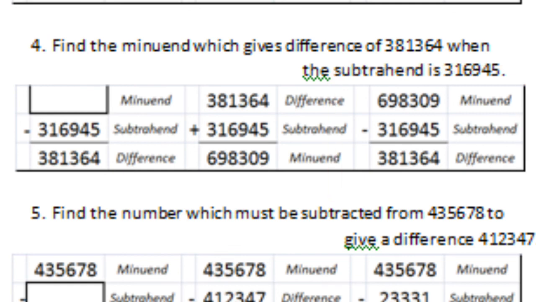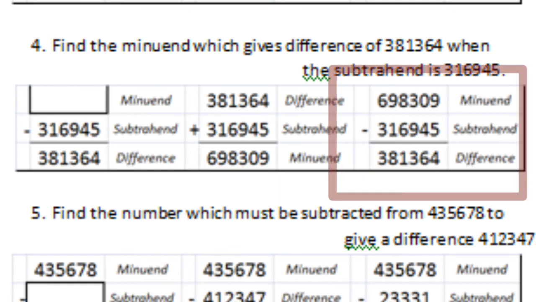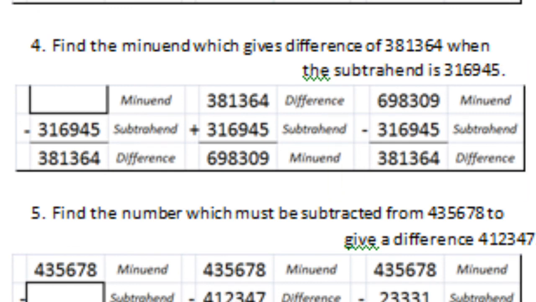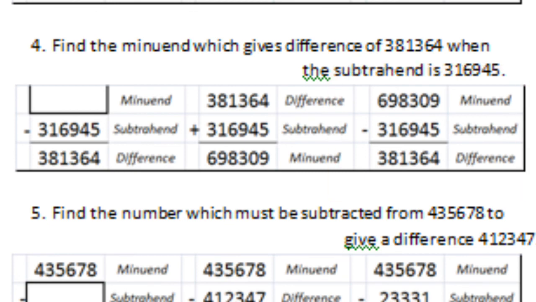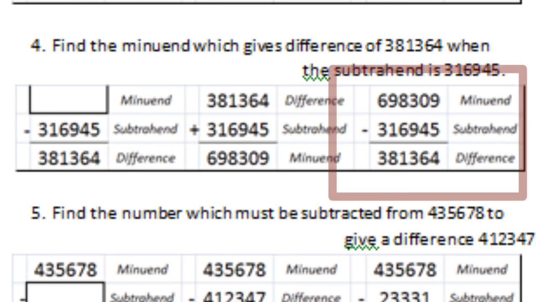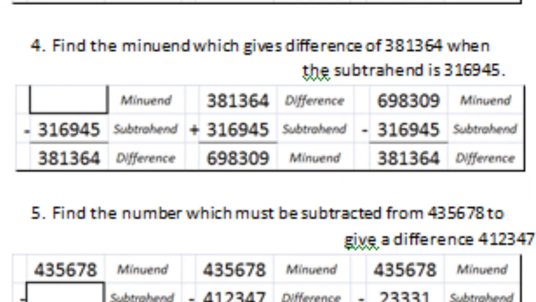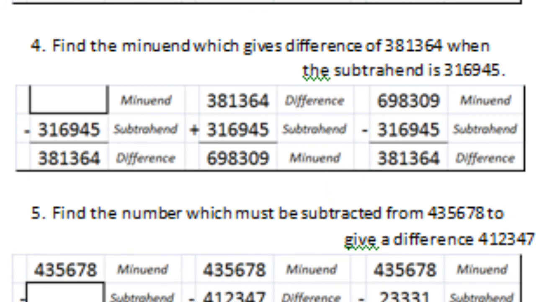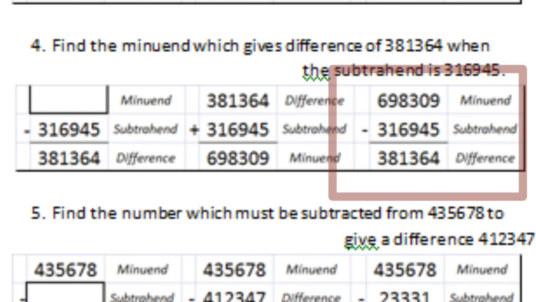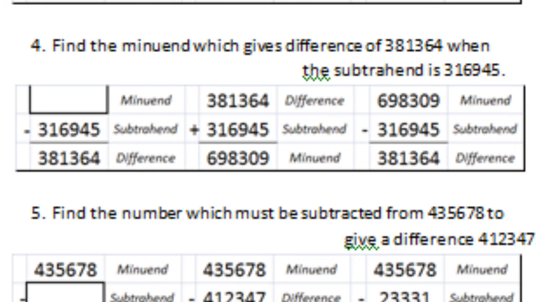Next question. Find the minuend which gives a difference of 3,81,364 when the subtrahend is 3,16,945. Subtrahend is 3,16,945 and the difference is 3,81,364. To get the minuend, we have to add the difference with the subtrahend.